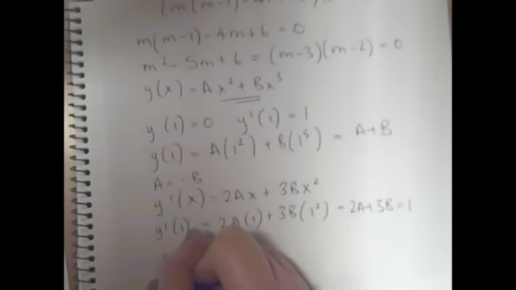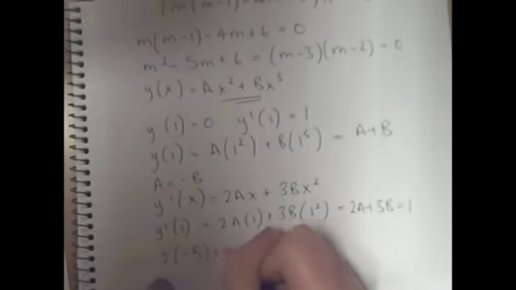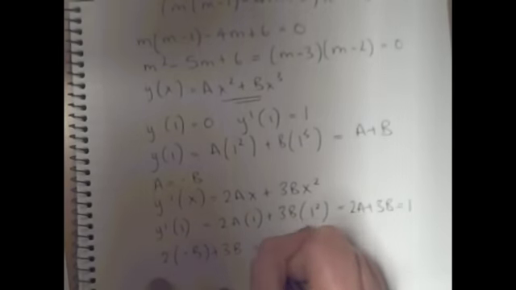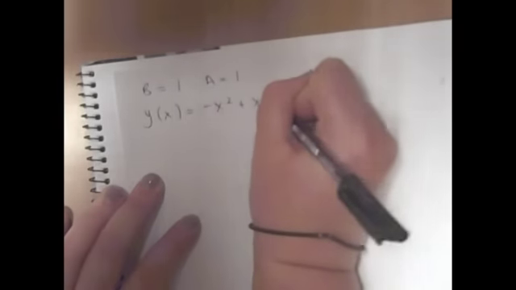Since a = −b, this can be written as −2b + 3b = 1, and hence b = 1 and a = −1. This gives a specific solution y(x) = −x² + x³.